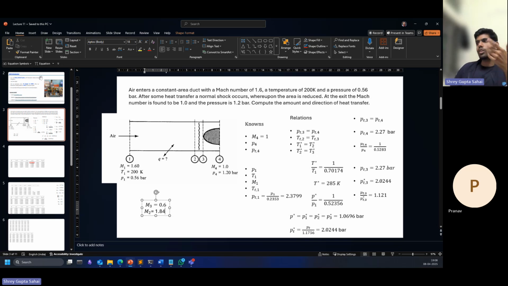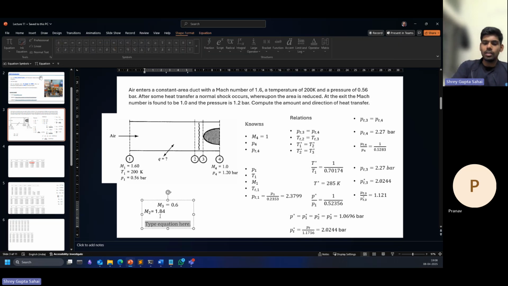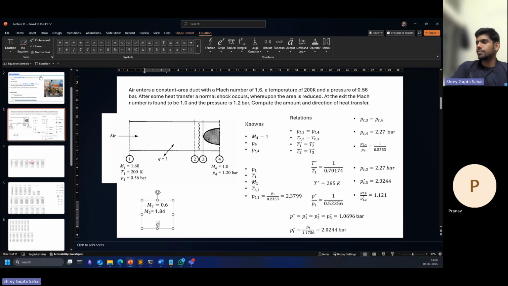We know the total temperatures. We'll subtract them and find the heat transfer, Cp delta T. So Q is always Cp delta T total, as Pranav also asked at the start of the lecture.